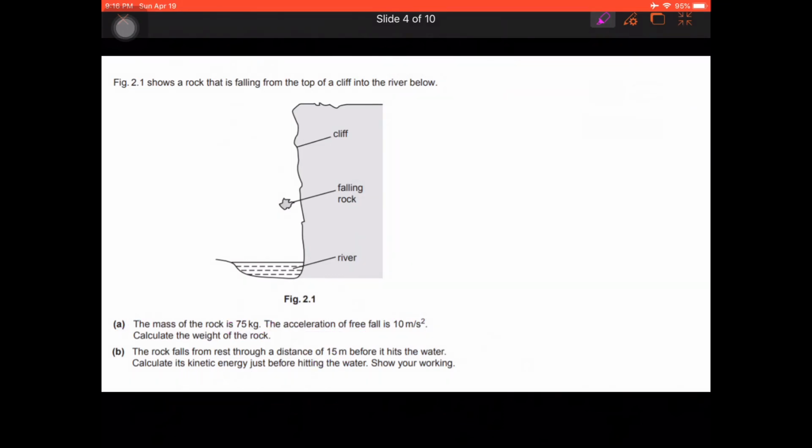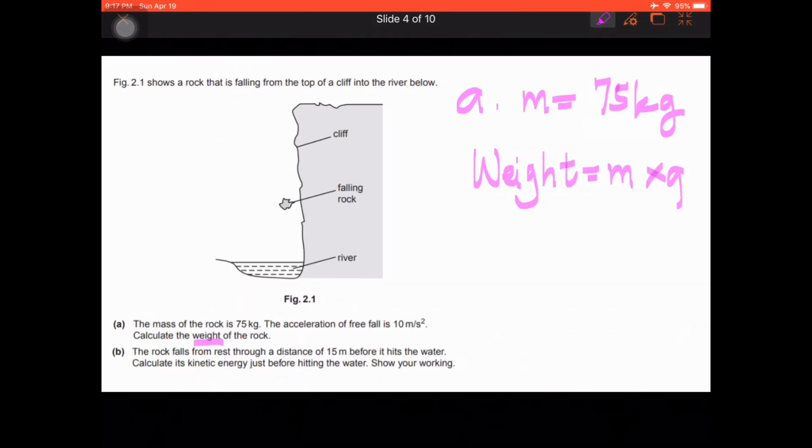Okay, let's start with question letter A. For question letter A, the mass is given. Mass is equal to 75 kilograms, and it's asking you to calculate the weight of the rock. So this is quite easy. We know that weight is equal to mass times acceleration due to gravity.